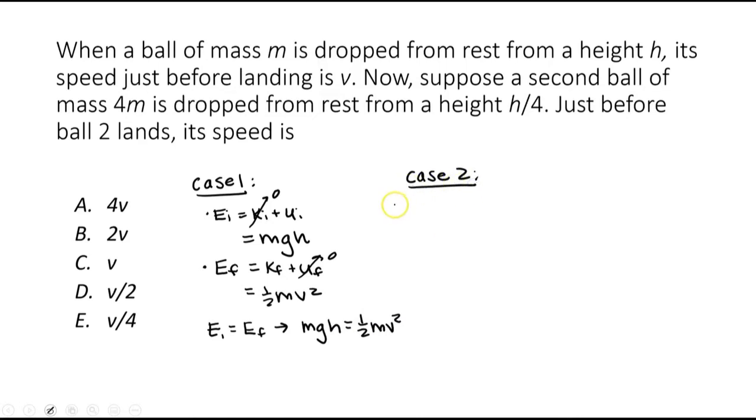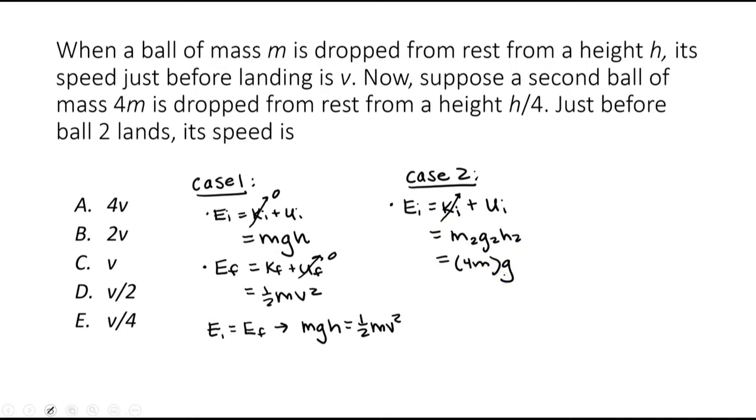Now we have E initial, which again is the sum of kinetic and potential energies. It's dropped from rest, so we're still going to have K initial equal to 0, plus U initial. U is in general mgh. So here our mass for case 2 is 4m.